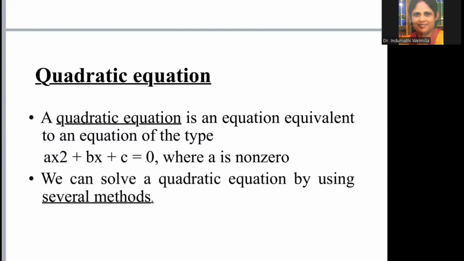Another thing is, if there is no equal to symbol in the statement, it is not an equation. It will be considered an expression if there is no equal to symbol.